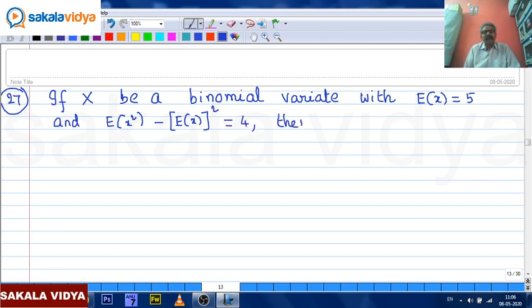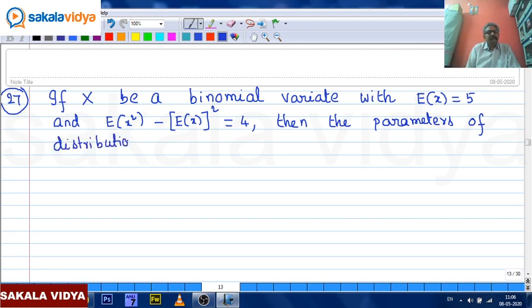Then the parameters of distribution are. So this is the question.